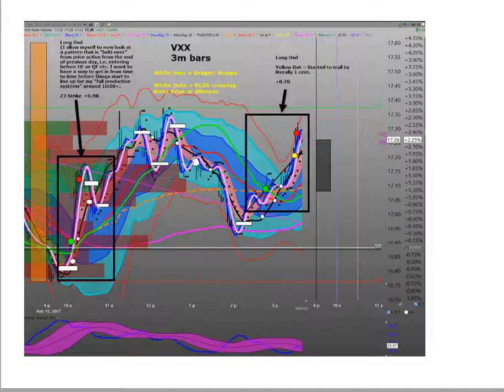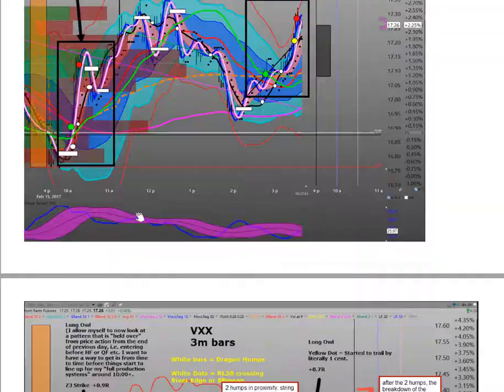The little white dots showing where the RL30 enters the river here, crosses the Bollinger Band mean, leaves the river, and then here he's got an owl entry, long, perfect cash on the gift at a place where the last three times it rolled over, so you don't need to wait much longer. Just grab it. A 0.9 win and a 0.7 win, perfectly executed.